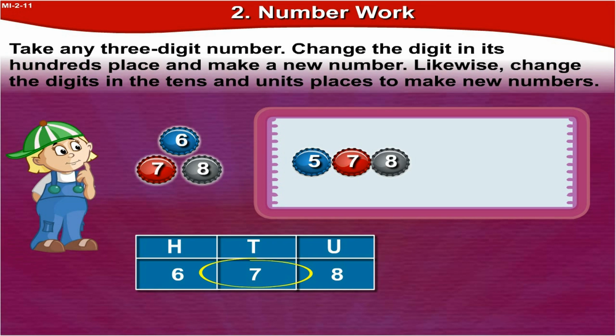In the tens place the digit is 7 and in the units place the digit is 8. Let us change both these digits. At the tens place let us write 9 and at the units place let us write 5. So the new number is 695.